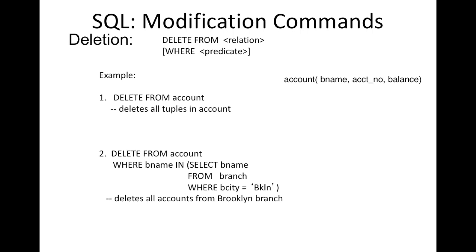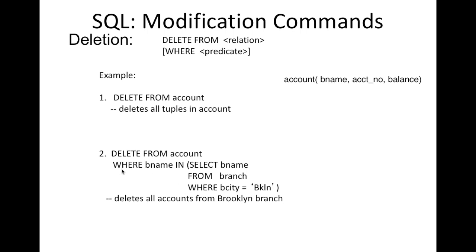tuples to delete. For example, as you can see here, again, you have a select inside a delete. So where bname is in select bname from branch where bcity is equal to Brooklyn.